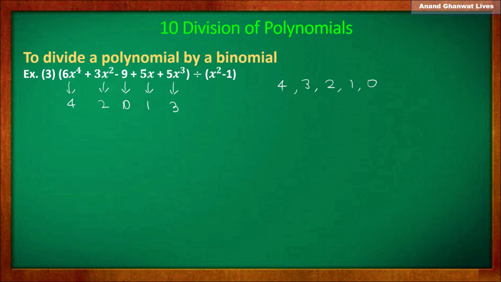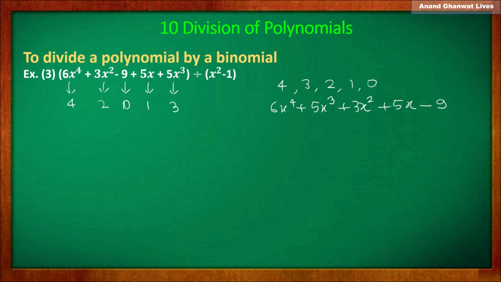So write terms in the polynomial according to the decreasing order of the indices. So 6x raised to 4, and now the term of x cube, that is plus 5x cube. Now the term in x square, that is plus 3x square. Now the term in x, that is plus 5x, and now the term in x raised to 0, that is negative 9.